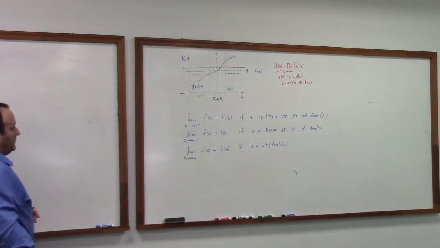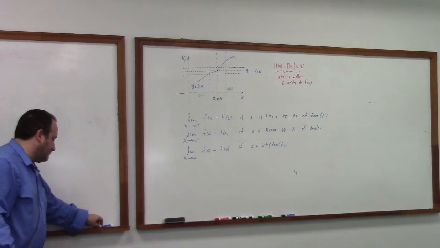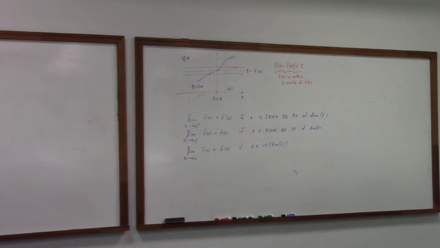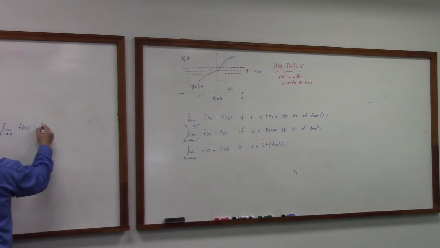So we have a theorem. What's our theorem? The theorem is simply this. F is continuous at a in the domain of f if and only if the limit as x approaches a of f of x is equal to f of a, or the limit as x approaches a from the right of f of x is equal to f of a, or the limit as x approaches a from the left of f of x is equal to f of a.